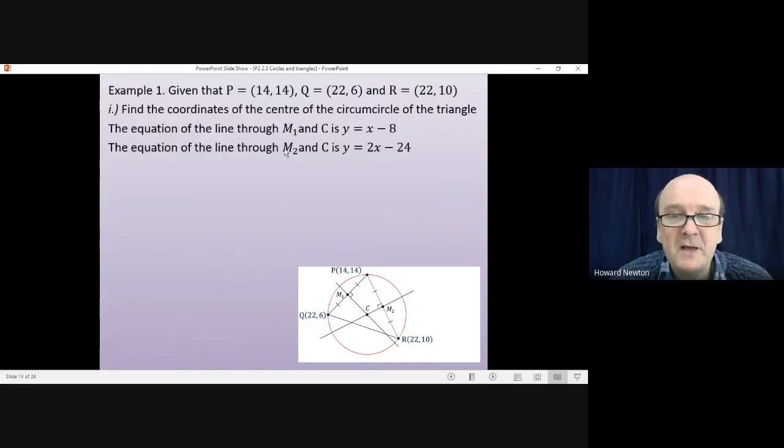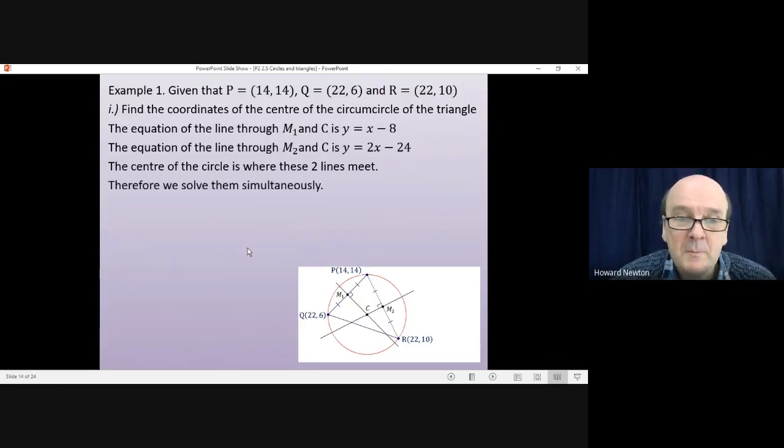Okay, what have we done so far? Well, we found the equations of these two perpendicular bisectors. Where they meet will give me the center of the circle. To find where they meet, we solve the two equations simultaneously: y equals x minus 8 and y equals 2x minus 24.